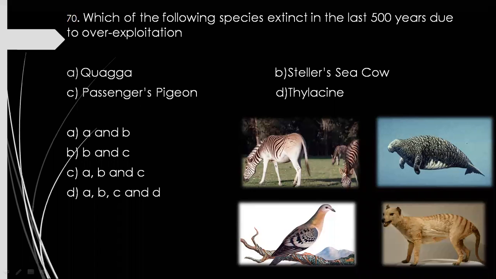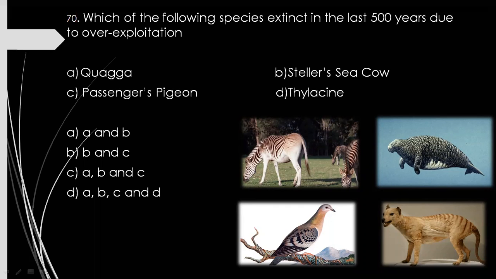Yes. Examples of recent extinction include the dodo bird in Mauritius, quagga, the African zebra, thylacine, the Tasmanian wolf of Australia, and Steller's sea cow of Russia.